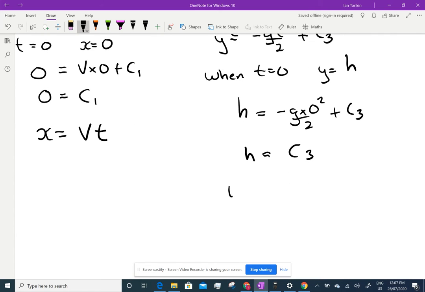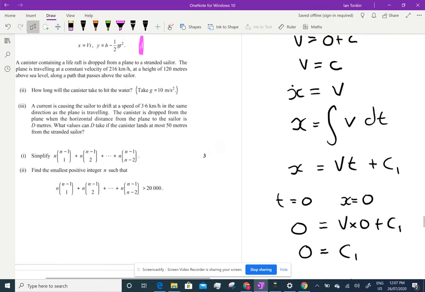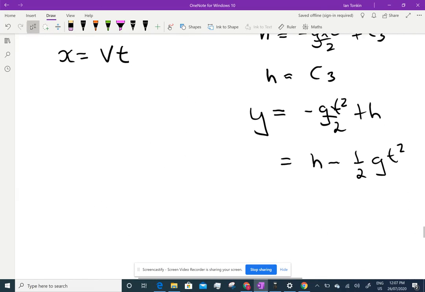So it means that y, the vertical displacement, is minus g t squared over 2 plus h, but they want us to write it in a certain way, so h minus a half g t squared. I'm pretty sure that's what they wanted. There we go.